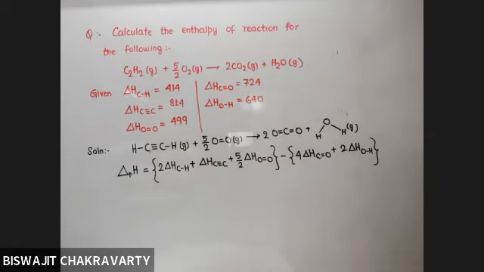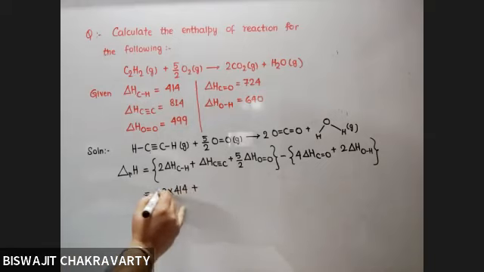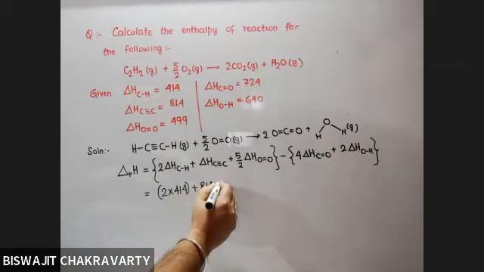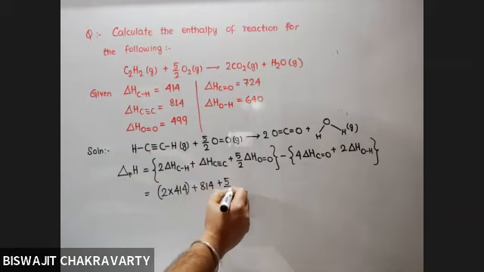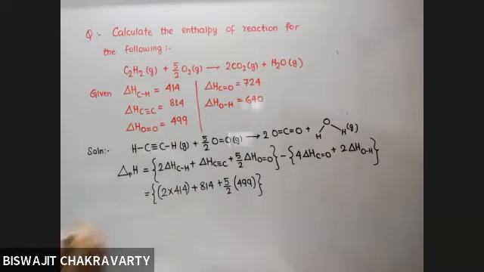See whether the values I have provided are the same as what is written in the book or not. 2 into 414, is it okay? Plus 814 plus 5 by 2 into 499. Okay?